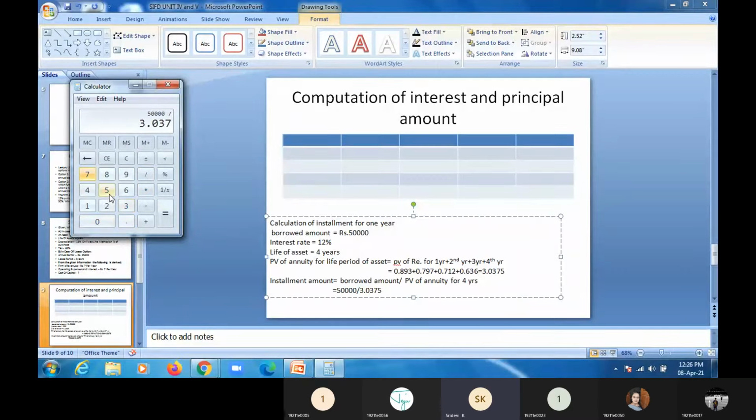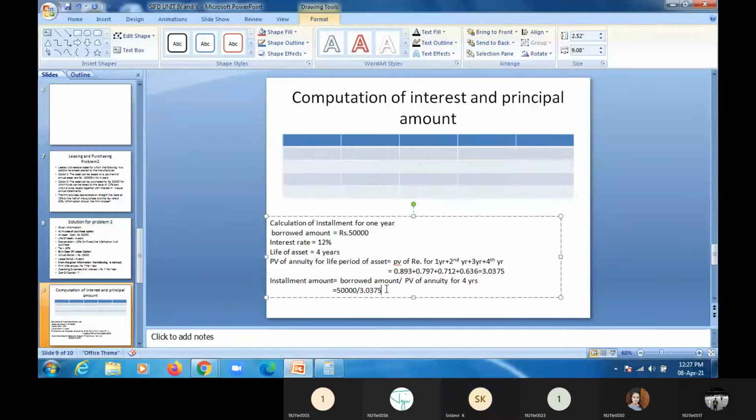3.037. I am taking 3.037 so that you will get the round figure.